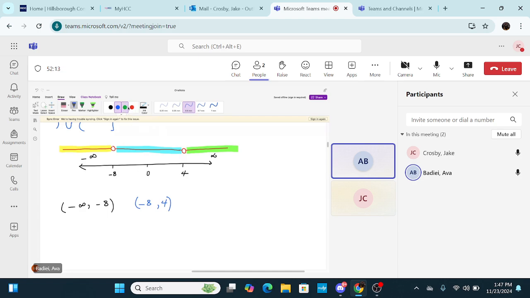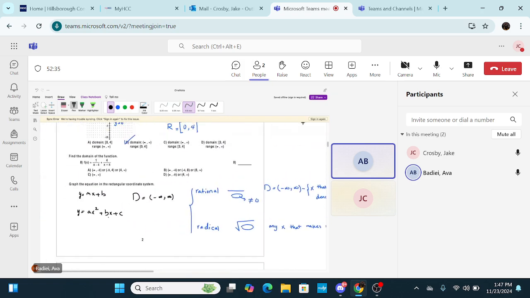And can you tell me the third interval, the green one? Parentheses for infinity. That's it, parentheses 4 to infinity. And then because you have multiple intervals, we put a union sign here to connect them. So it's going to be from negative infinity to negative 8, or negative 8 to 4, or 4 to infinity. Choice A.